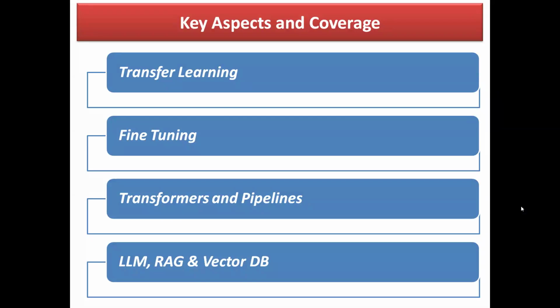And along with that, we will see how to integrate large language models, retrieval augmented generation, vector databases, because nowadays we are in the era of generative AI. In generative AI, lots of AI platforms are available: ChatGPT, Gemini, Stable Diffusion, DALL-E, thousands of platforms.